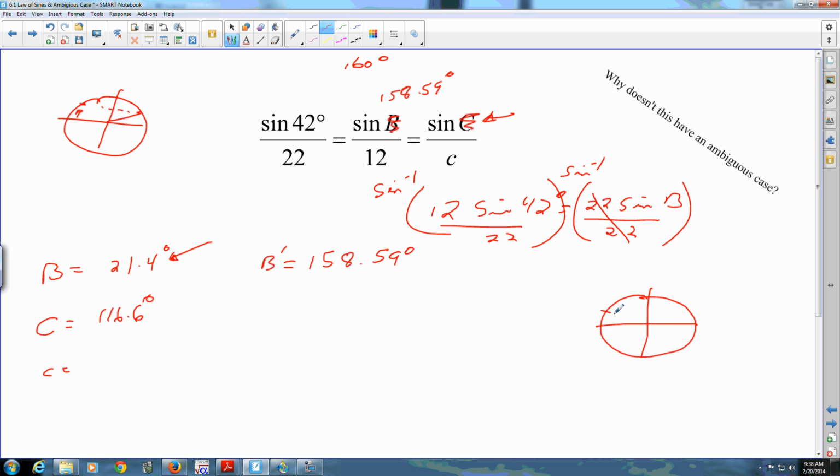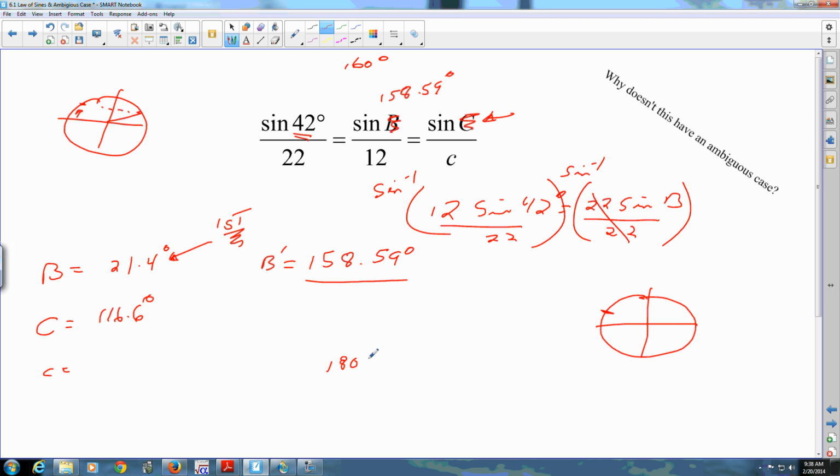When you go and find its supplement, there won't be room to add the original angle back on. Say it again: if the very first angle you found is smaller than what you're told, there won't be room for its supplement and the original angle.